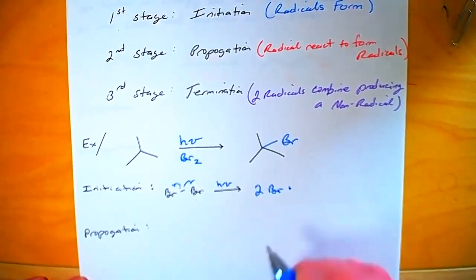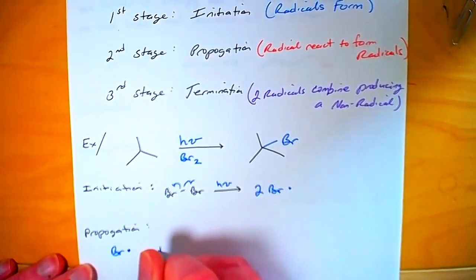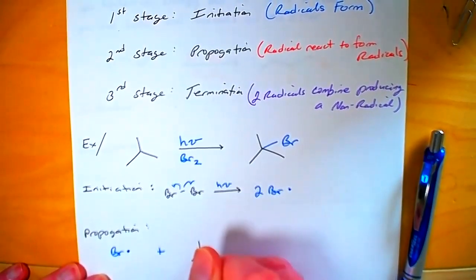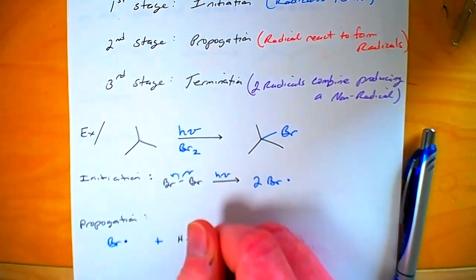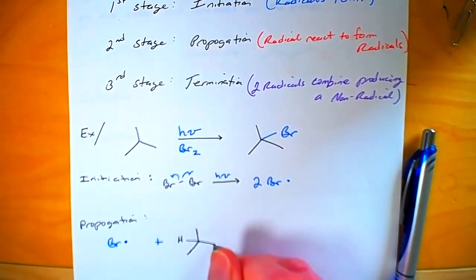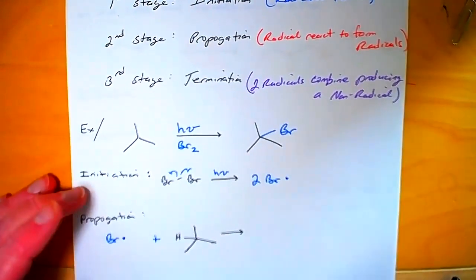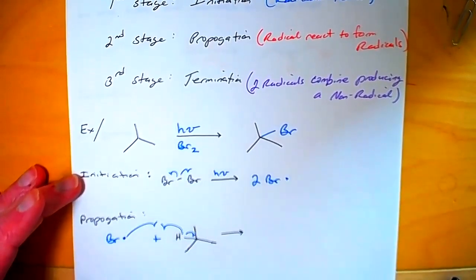Okay, now your propagation is going to be where your bromine radical is now going to start to react with your alkane. Now, it could potentially remove the other hydrogens, but as I've just spent the last 10 minutes saying, the one that's going to give you the most stable radical, that's going to be your lowest energy of activation, is going to be the one where you get hydrogen abstraction on the most substituted carbon.